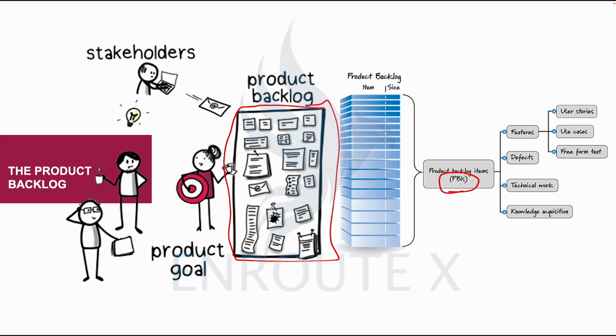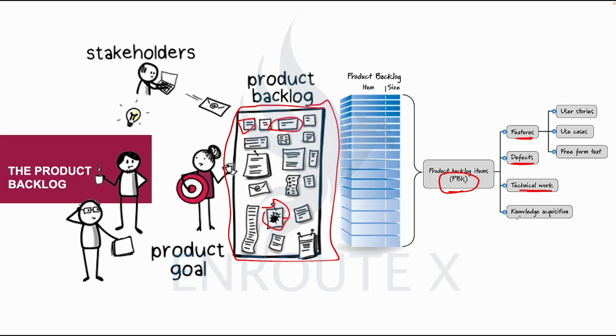However, just as I said that they have different forms of requirements, same also, this has now broken it down further to us. So the product backlog item could be features. We call something functional stories. It could be defects. Defect makes reference to the bug. It could be technical work.